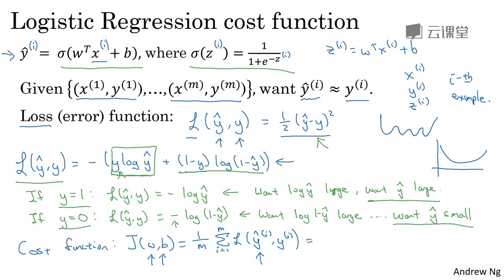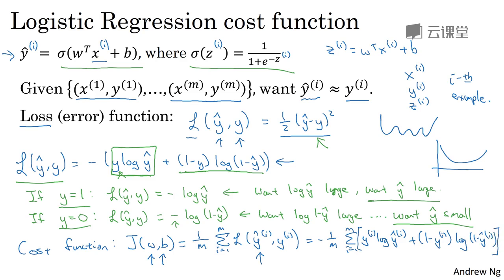And so just to expand this out, this is equal to negative 1 over m, sum from i equals 1 through m, of the definition of the loss function above. So this is y^(i) log y hat^(i) plus 1 minus y^(i) log 1 minus y hat^(i). I guess I can put square brackets here.